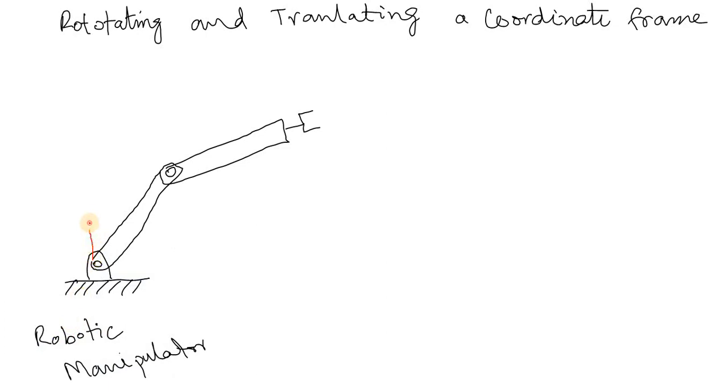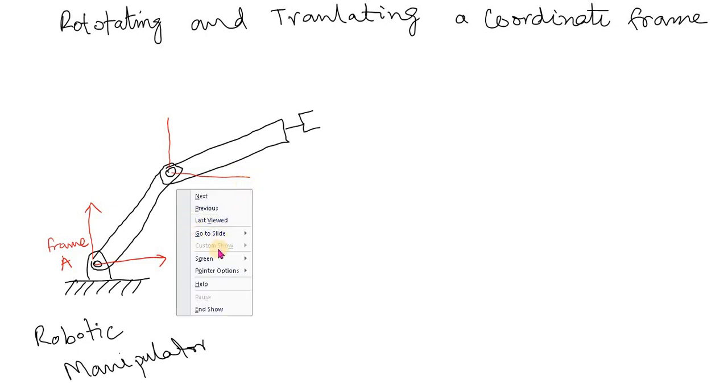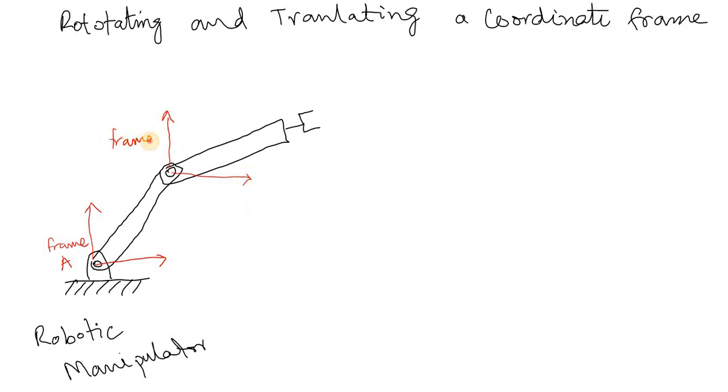One frame is here, this is, let's say, frame A. Then we have a second frame here, let's call it frame B. And then we have a third frame here, frame C. And these are the X, Y coordinates: XB, YB, YC, XC.